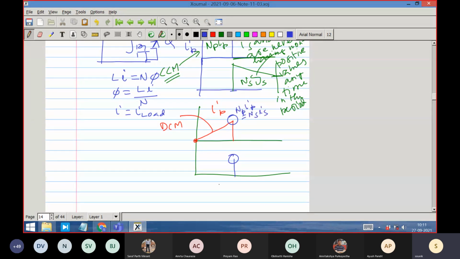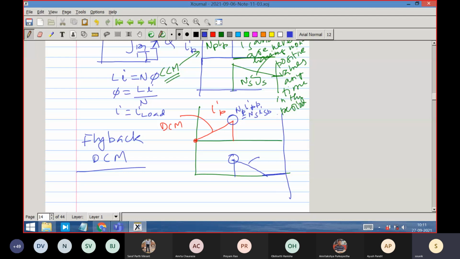So this is the corresponding IS peak. That way it will transfer, and then it will fall, and then it will be 0. So this is our discontinuous conduction mode in the flyback converter. This would be the waveform.